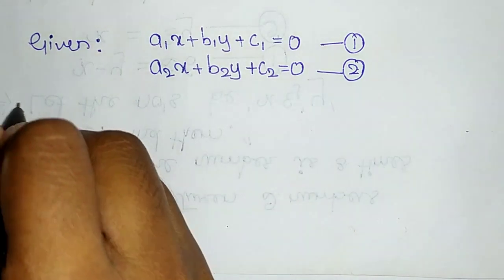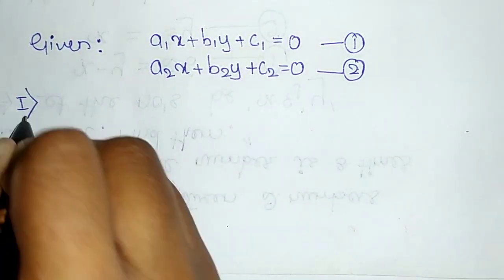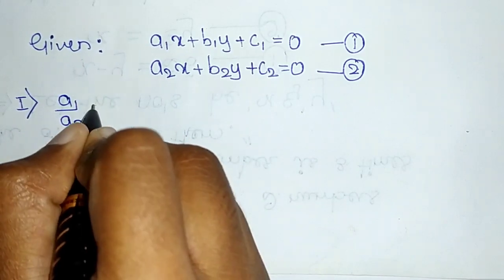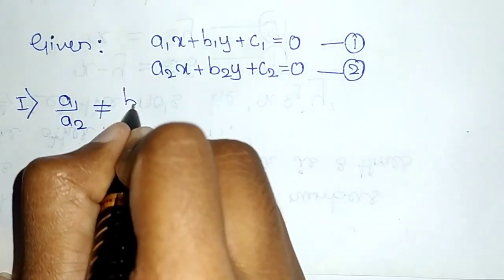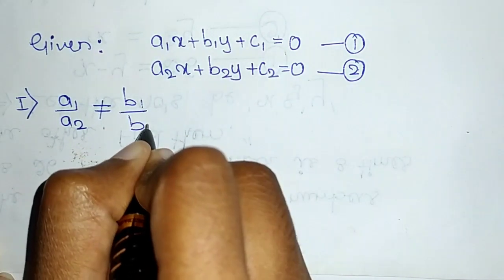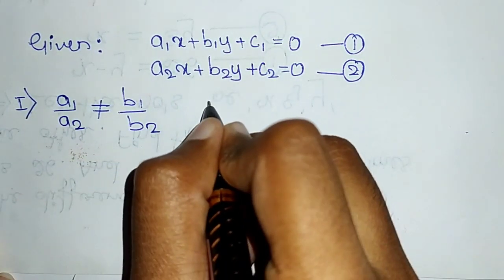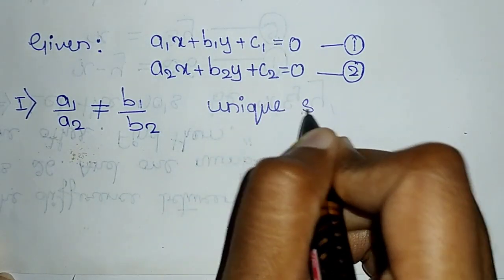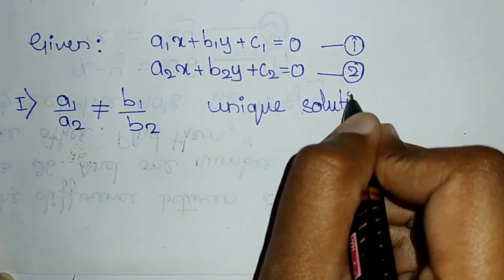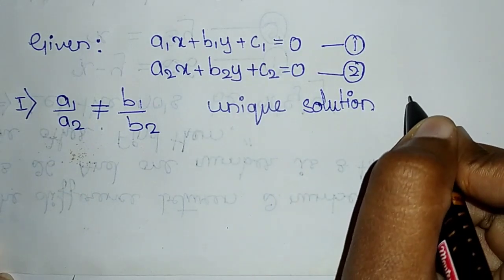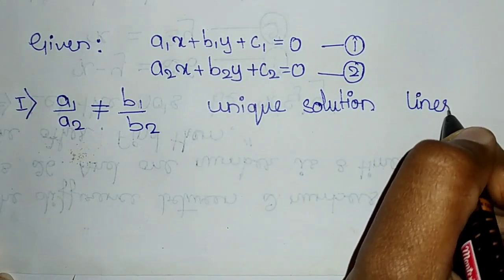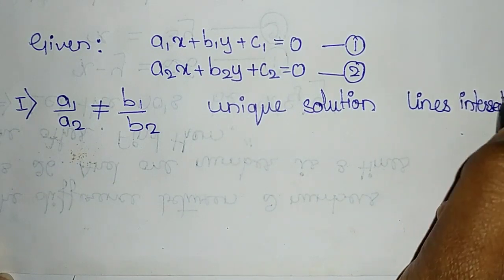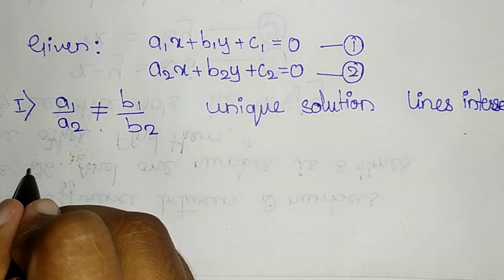Condition 1: if a1 by a2 is not equal to b1 by b2, this means the equations will have a unique solution. That means they have only one solution and the lines intersect each other. This is the first condition.